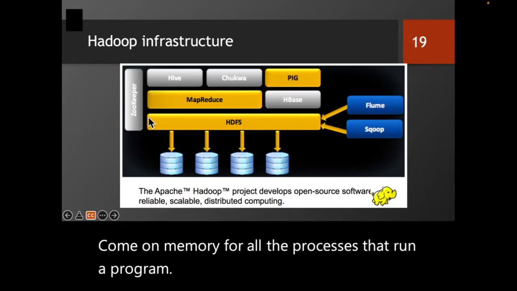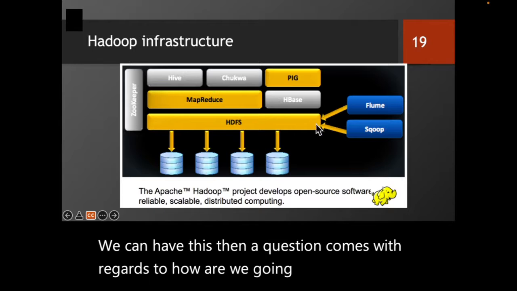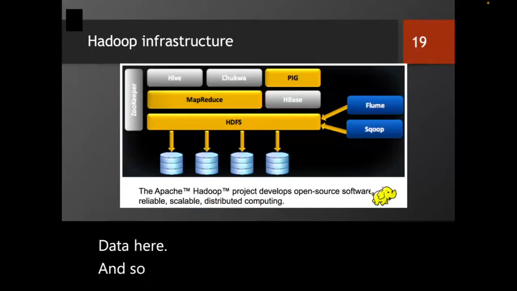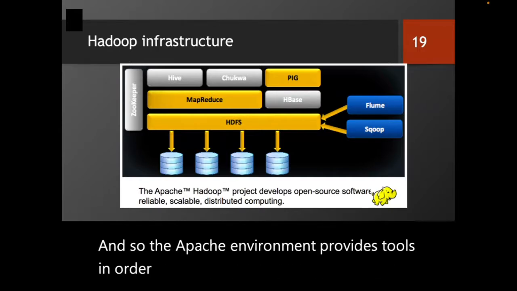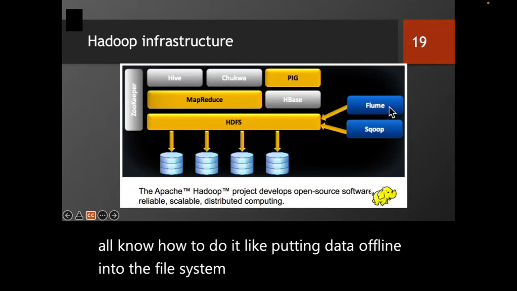Then a question comes with regards to how we are going to feed data here, okay? The Apache environment provides tools to do the ETL process in batch, as we all know how to do it, like putting data offline into the file system, or collect data continuously for streams.